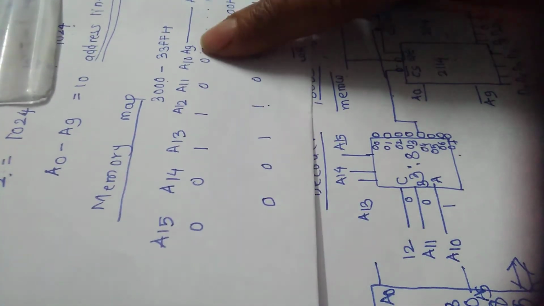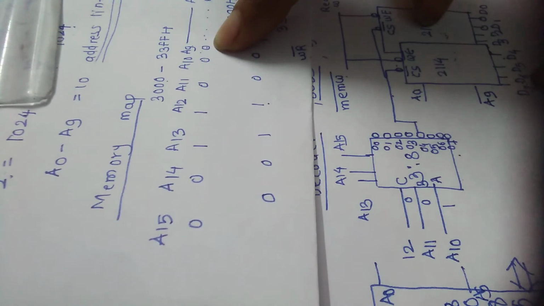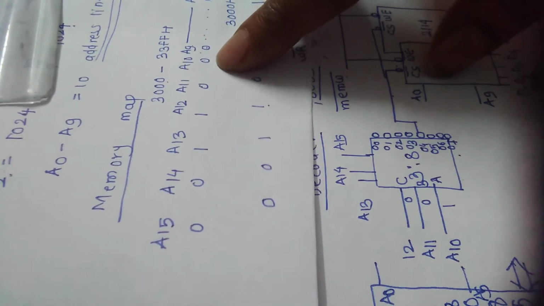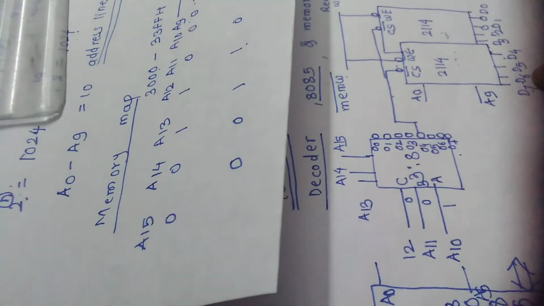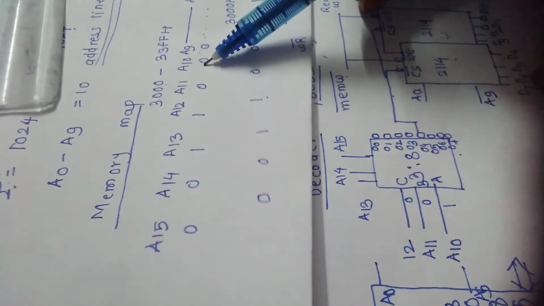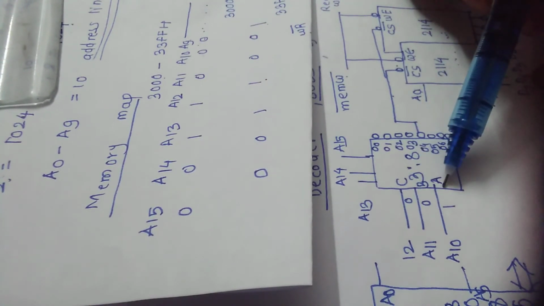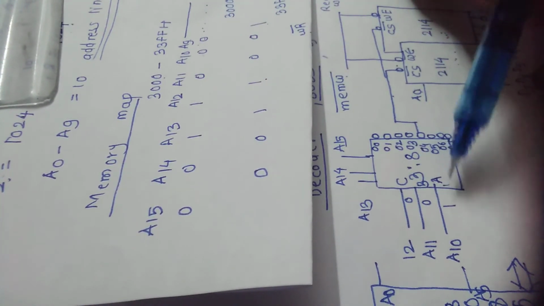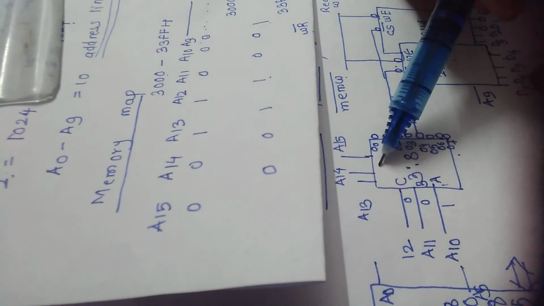I am connecting these to the memory chips. A10 to A15 lines are used for decoding purpose, where A10, A11, A12 are used as the input of this decoder, and A13, A14, A15 are used as the control signals of this decoder.